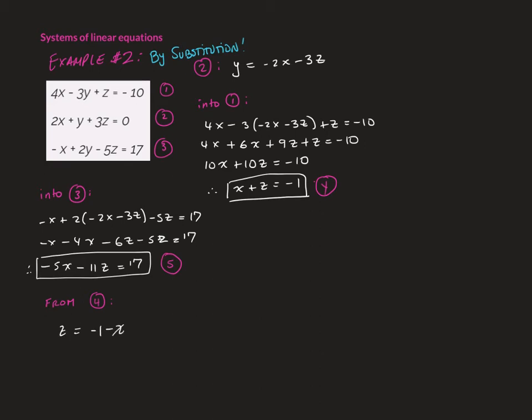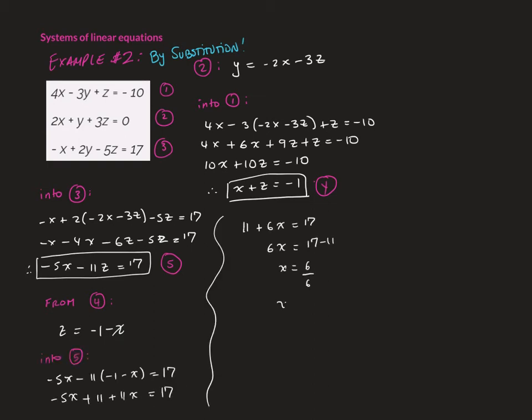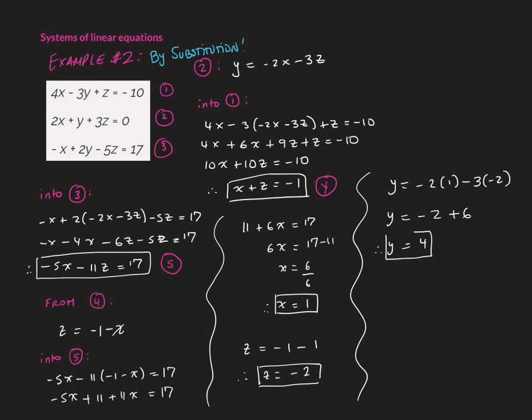And what I want to do is substitute that into equation number 5. And we found that x is equal to 1. Now that we have the value of x, we can go back into the expressions for the variables z and y that we had before to find the corresponding values of z and y. And we find that the solution of this system is 1, 4, and -2.